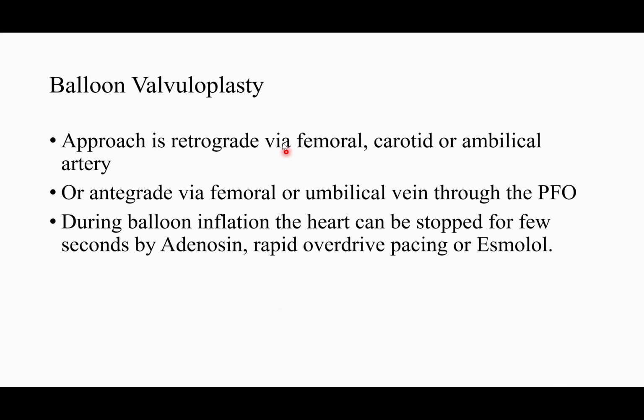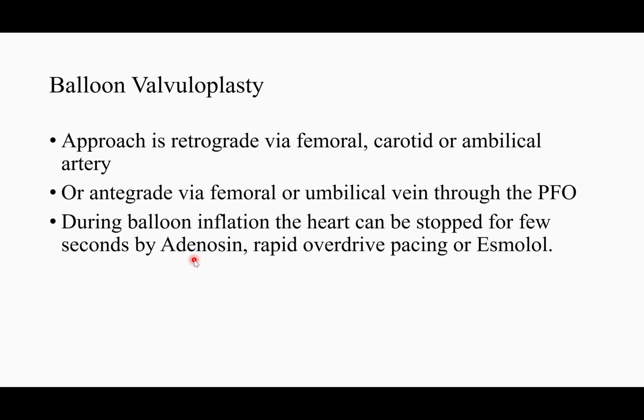In balloon valvuloplasty, the approach is retrograde via the femoral, carotid, or umbilical artery. So the catheter or the balloon moves retrograde to the aortic valve, and then it is inflated, or antegrade via the femoral vein or the umbilical vein through the PFO.